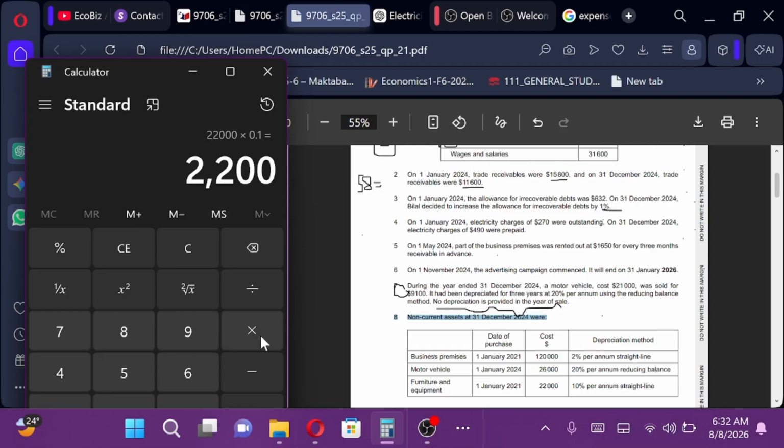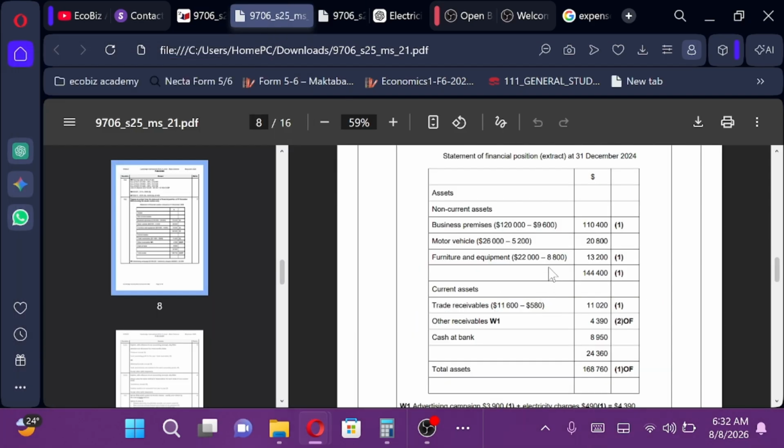We get this amount of 2,200. Now it says here the date of purchase was 1st of January 2021. But guys, the year that we're in right now is 2024. So what we're going to do is we times this amount by 4 years to get 8,800, which is correct. So after we do this calculation, we take business premises, subtract it, each one.